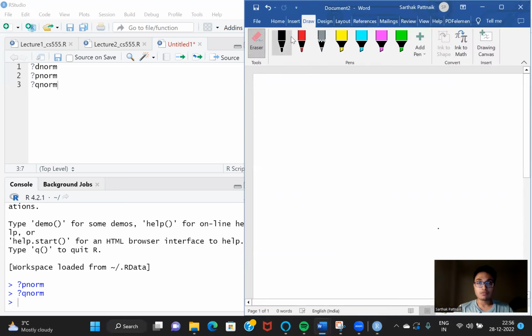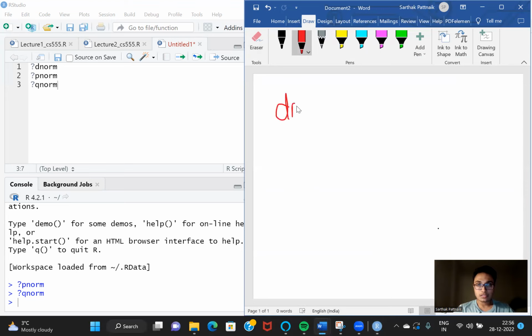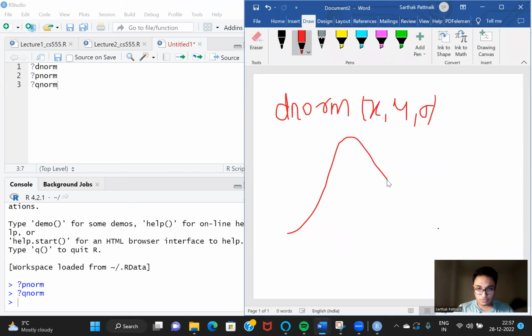Going back to my text pad, first we are looking at dnorm. So the parameters that we give to dnorm is x, we give mu, which is mean, and we give standard deviation. These are the three parameters that we're giving to dnorm. What does dnorm give you?